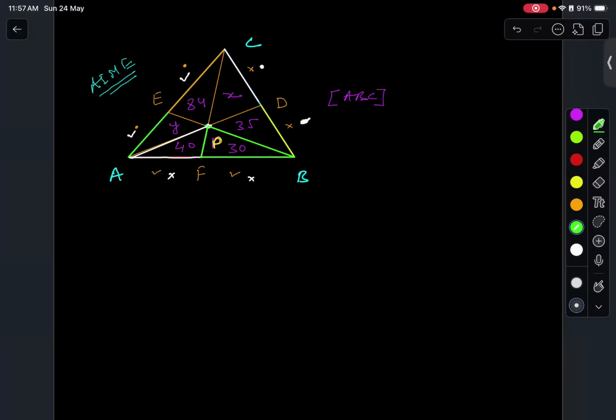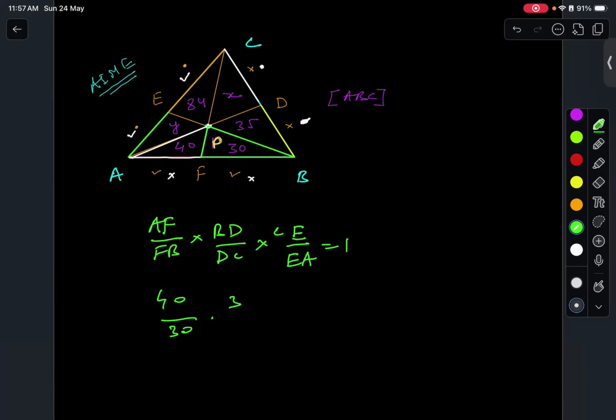So I can say AF upon FP into BD upon DC into CE upon EA is equal to 1. In the same manner, I can write this as 40 by 30 into 35 by X into 84 by Y is equal to 1. This is the first equation that I'm getting.